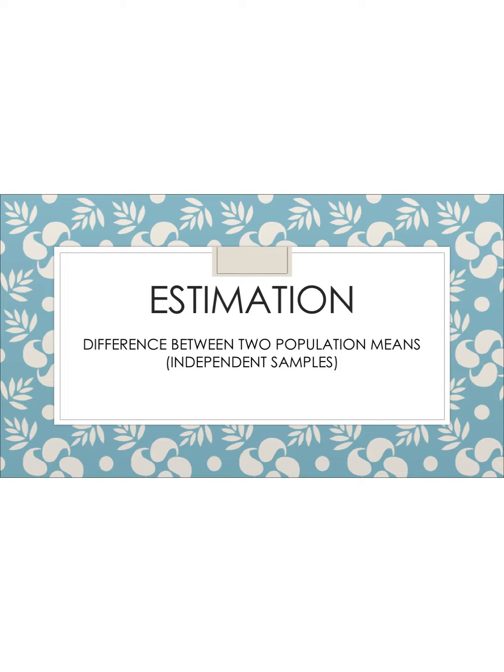For now we will continue on estimation, but for the difference between two population means. Today we specifically focus on two population means for independent samples. There are two types of sample: first, independent sample, and the other, dependent sample. I will first explain what an independent sample is.